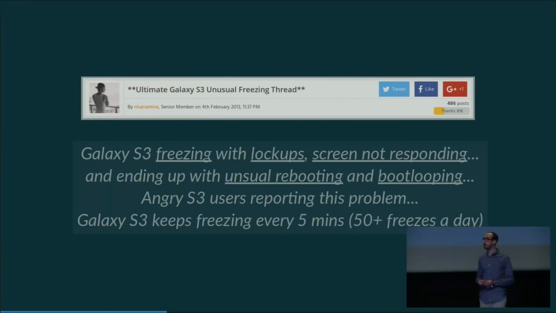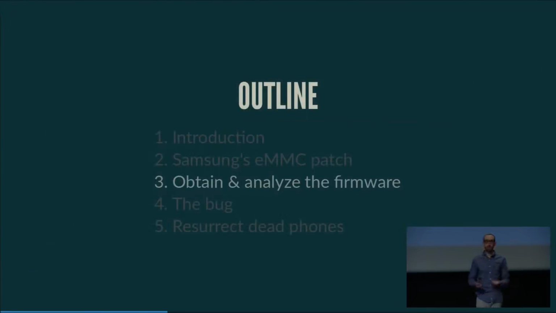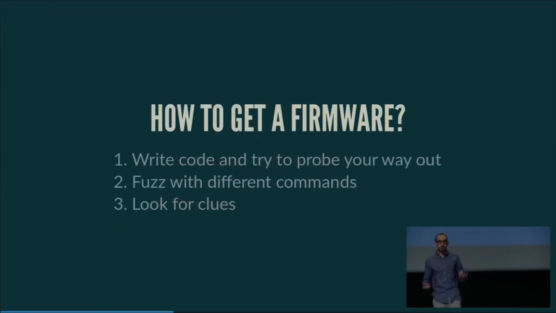So the next step that I wanted to do is to obtain the eMMC firmware in order to understand how it works. So how do you get a firmware? The first way to do it is to write. So I can write the eMMC's memory, right? So I can just write code to random locations, and hopefully it will get run somehow.